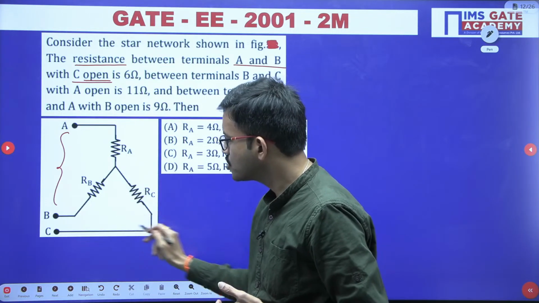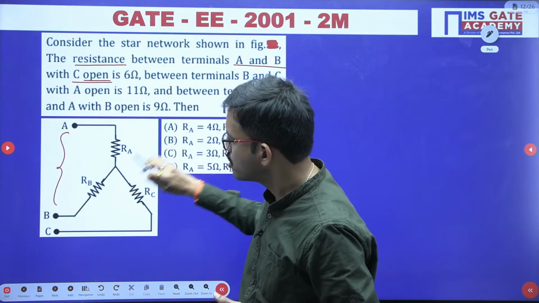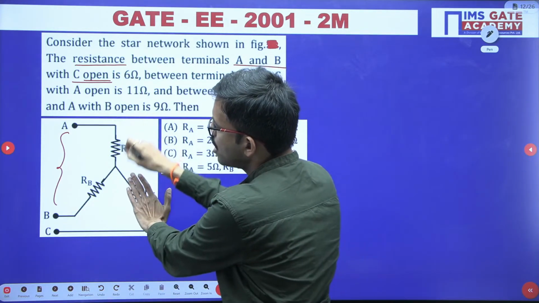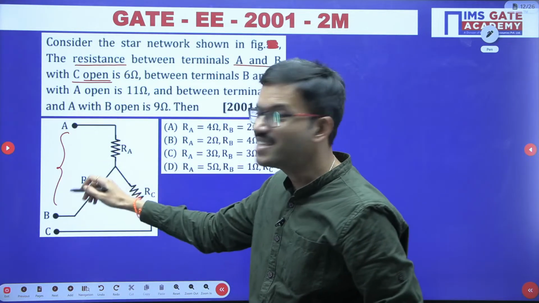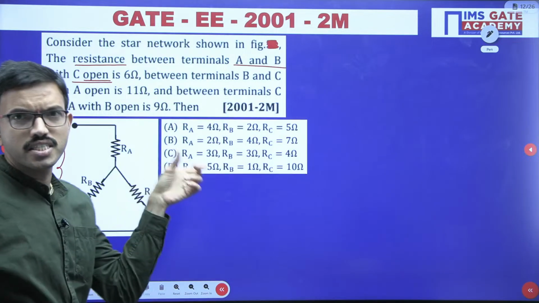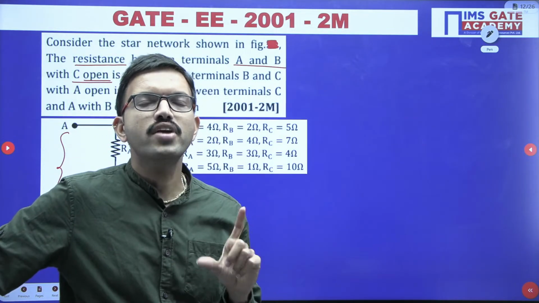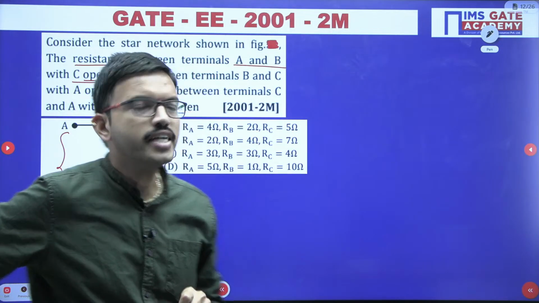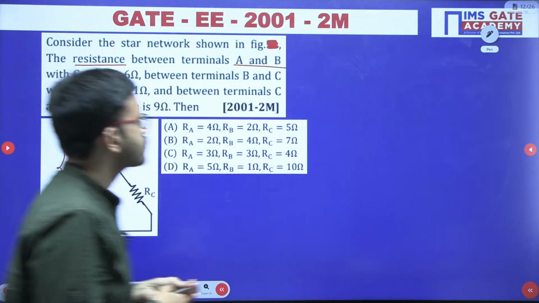So the moment you have removed the resistor RC, how are these two elements connected? These two elements are connected in series, that's all. Regarding series connection, we just mentioned that resistors connected in series, we can add the respective resistances. So RAB is nothing but RA plus RB.